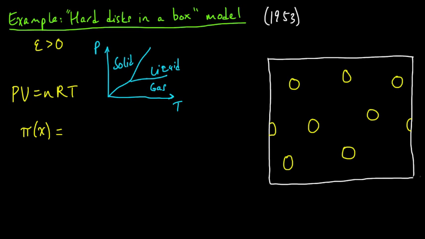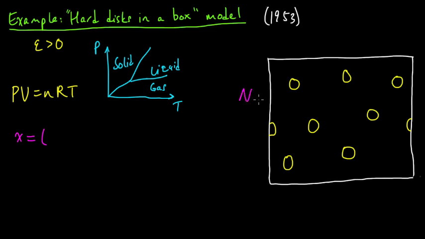We're going to put a probability distribution on all the configurations that this model can take. And each configuration is the following. X is going to be a configuration, and it tells you the position of all of the particles.